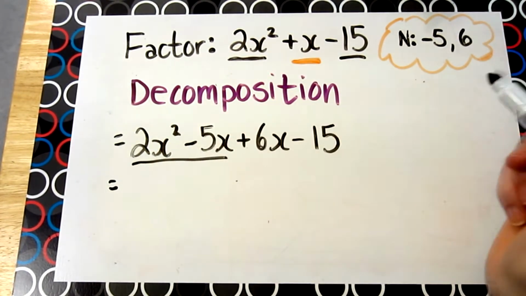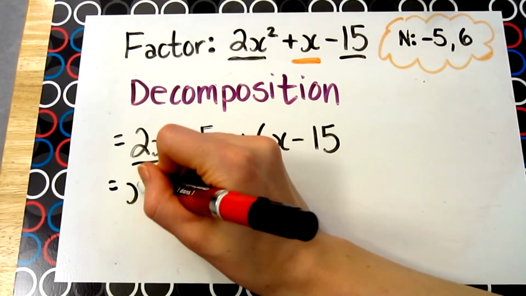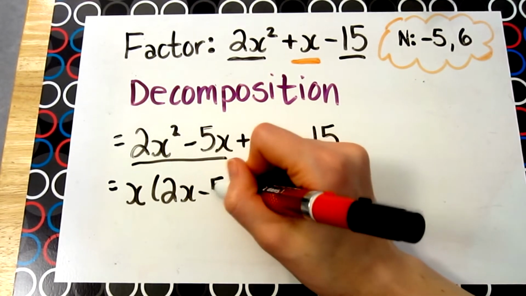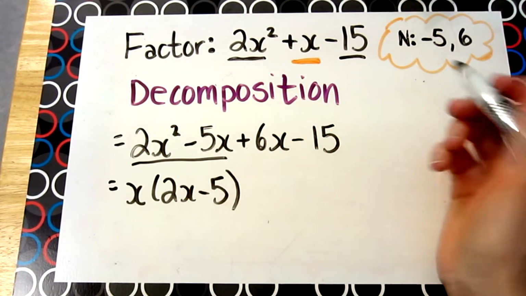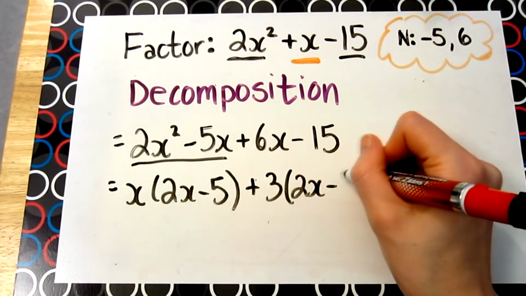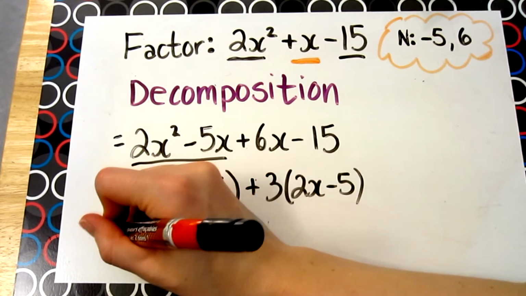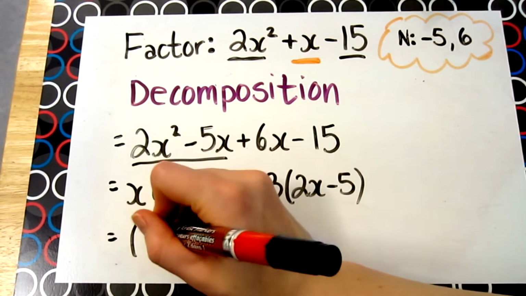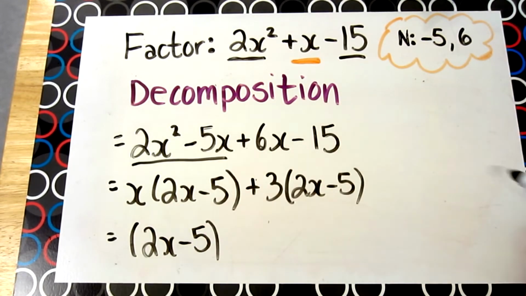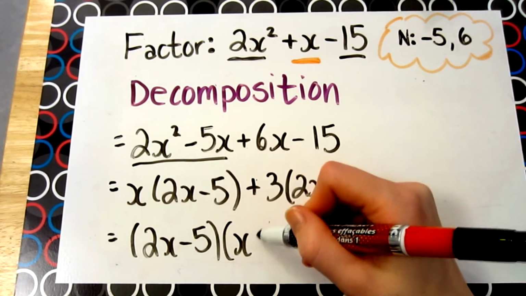Looking at the first set of terms, we common factor out an x, leaving 2x minus 5, and in the second set of terms, we factor out a 3, again leaving 2x minus 5. And in the final step, we factor the 2x minus 5 out of both terms, so the final result is 2x minus 5, x plus 3.